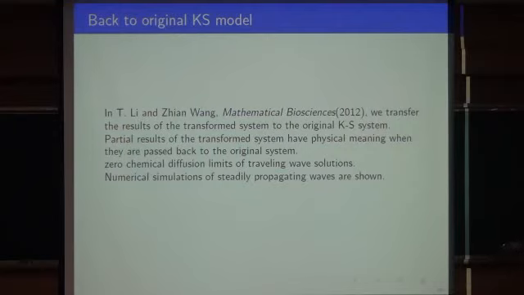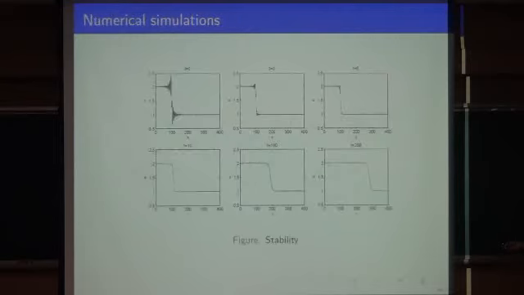So in that sense, you can see the meaning of the work. On the one hand, it's a mathematical piece of work. On the other hand, it may explain some of the phenomena. And this numerical simulation was performed in the transformed system, the quasilinear conservation law.